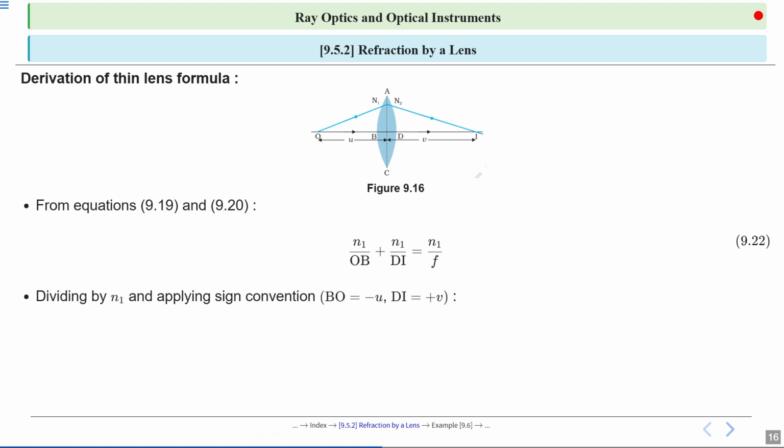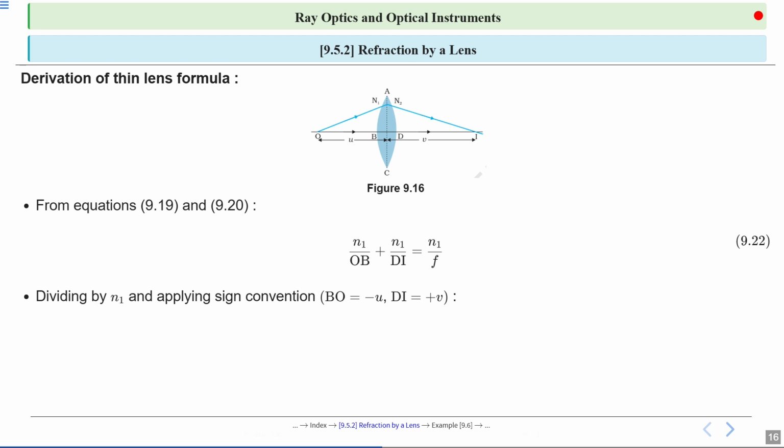Now dividing both sides by n1 and applying the sign conventions. OB is the object distance. The object is on the left side of the lens, and we measure object distance against the direction of incident light, so it will be taken as negative, and image distance will be taken as positive, according to sign conventions.